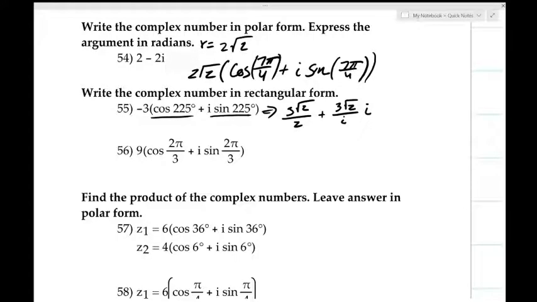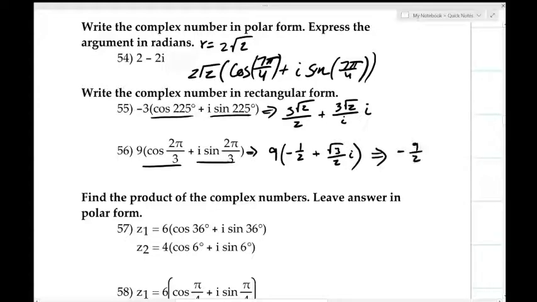Okay, so again, let's evaluate this, and we have 9 times cosine of 2 pi over 3 is negative 1/2 plus sine of 2 pi over 3 will be positive square root of 3 over 2 times I, and once we simplify that, we'll have negative 9 over 2 plus 9 square root of 3 over 2 I.